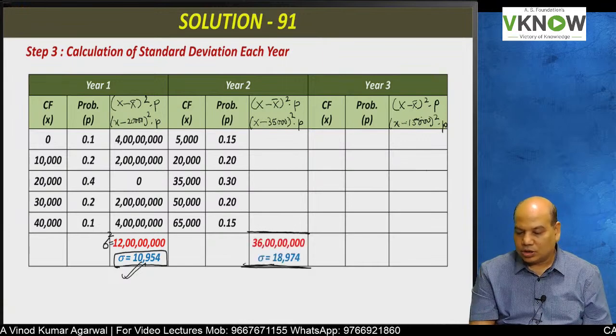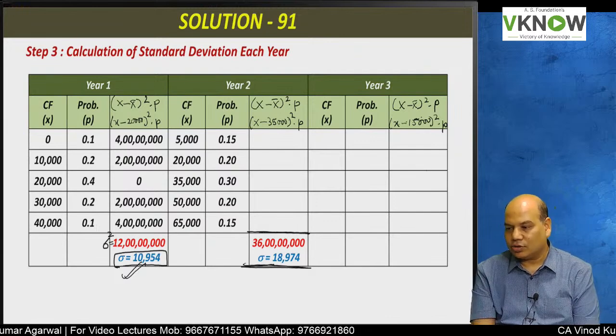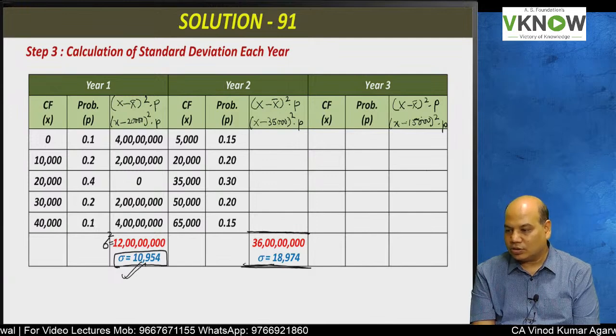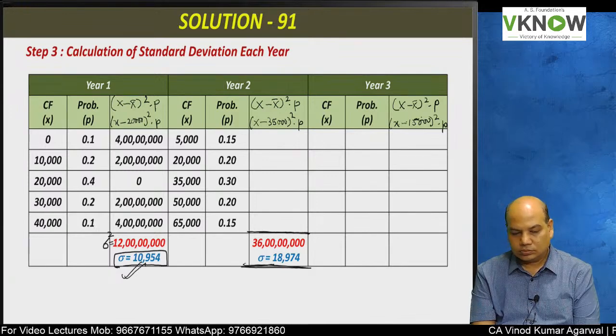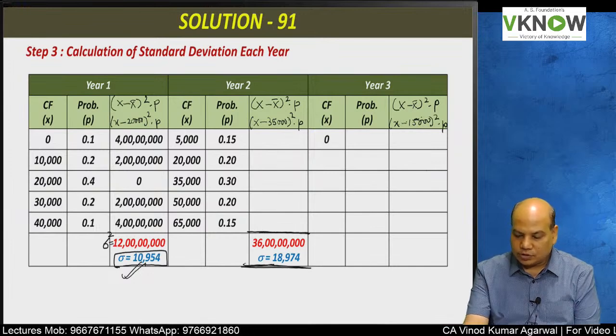Check the answer. Total answer 36 crore. Anybody for 36 crore? Then write down 18,974 as the standard deviation.